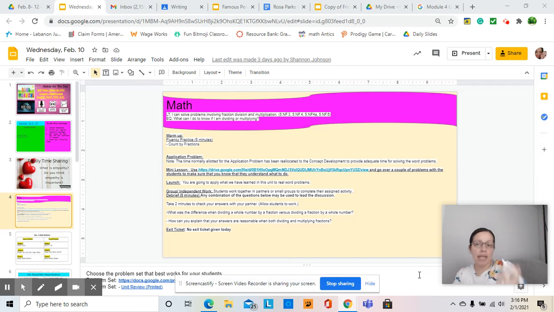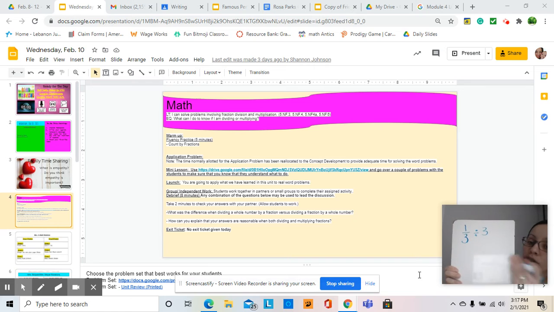Also, you might find that now you want to divide a fraction by a whole number. So what if I wanted to divide a fraction by a whole number? So now I have 1/3 divided by 3. Okay. For some of you, this may look a little more complicated than it is.